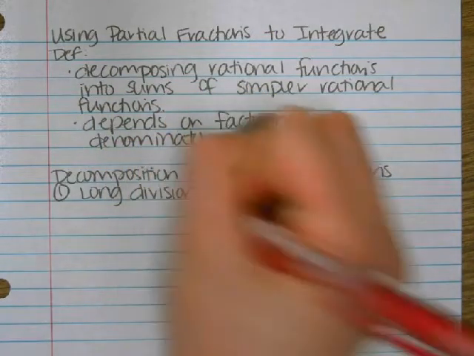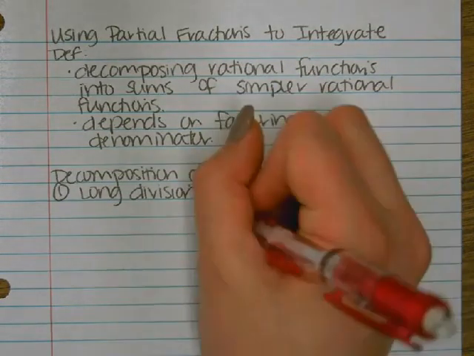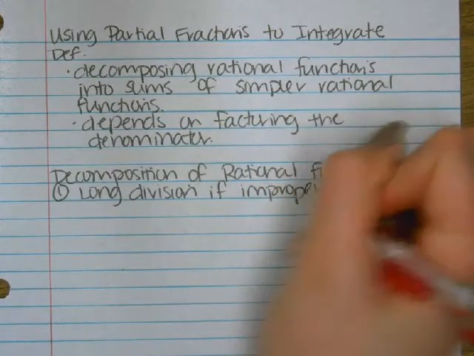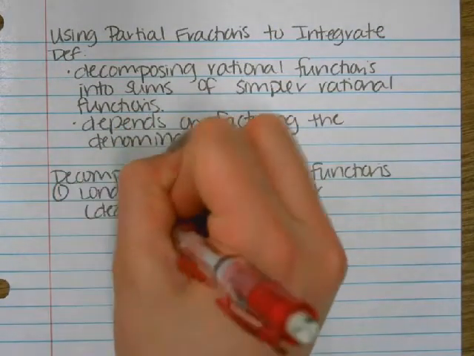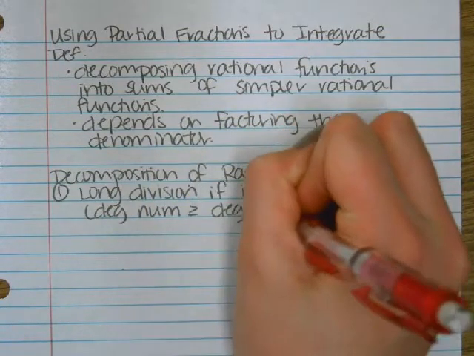We're going to use long division anytime we see a rational function that is improper. And what that means is that the degree of the numerator is greater than or equal to the degree of the denominator.